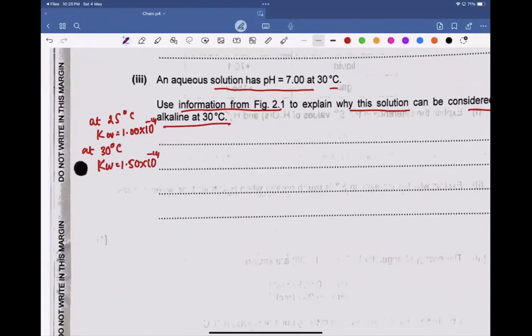Now see, we know that Kw is concentration of hydrogen ions times concentration of hydroxide ions, right? Now, at 30 degrees Celsius, Kw is 1.50 exponent minus 14. And can I write it like this?